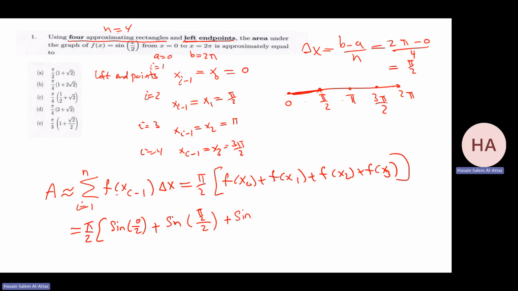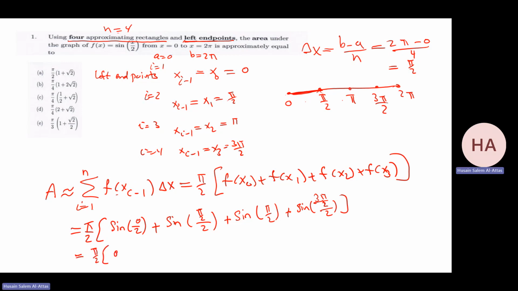Plus sine of x2 over 2, x2 is pi. The last one, sine of (3 pi over 2) over 2, which gives 3 pi over 4.